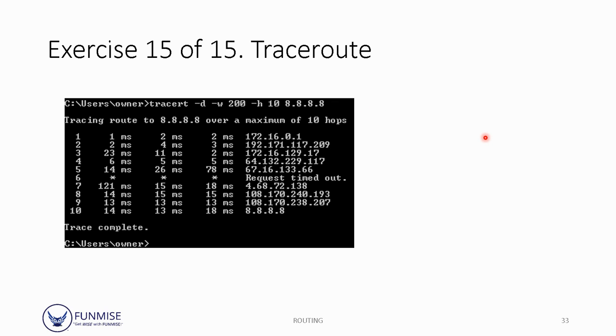The flags that were turned on were -d to mean don't use DNS to resolve these, don't try to do DNS resolution for these; -w at 200 for waiting 200 milliseconds; and -h for 10 was only show me 10 hops, as it shows trace route over a maximum of 10 hops to this destination. So when we did this traceroute, we got this result, and these are the different hops along this path to get to the destination we're trying to reach.